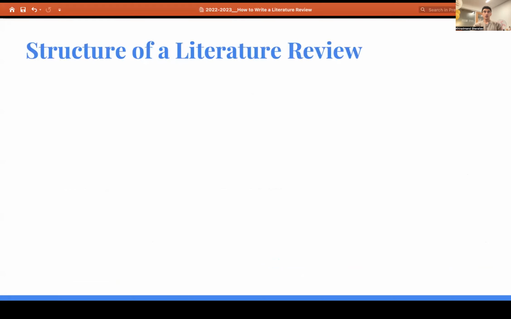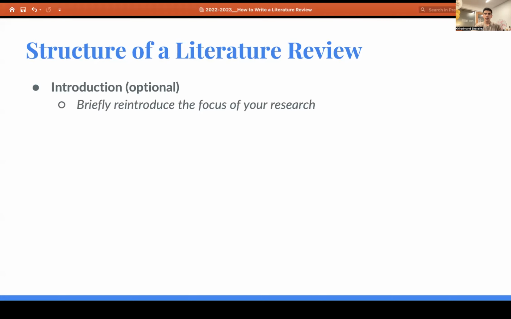And we move on. So now let's talk about the structure of a literature review. The first thing that comes is the introduction, but that's optional. That's not mandatory, right? So the introduction includes a brief reintroduction of the focus of your research, right?